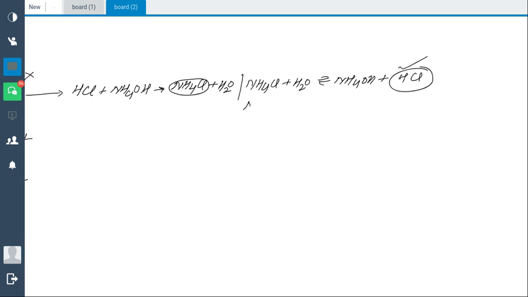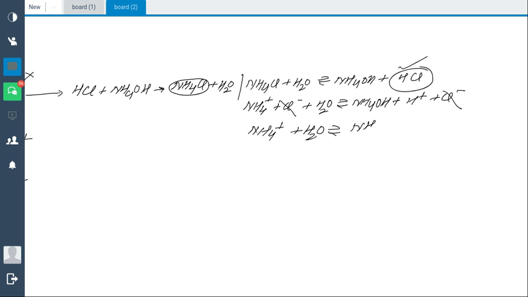If I write this in the ionic form, this is what I'll get. So this is how I can write the equation. I hope this part is clear. So this is the H plus. Now when I do the derivation part, first thing, as you can see, that we are hydrolyzing the cation.